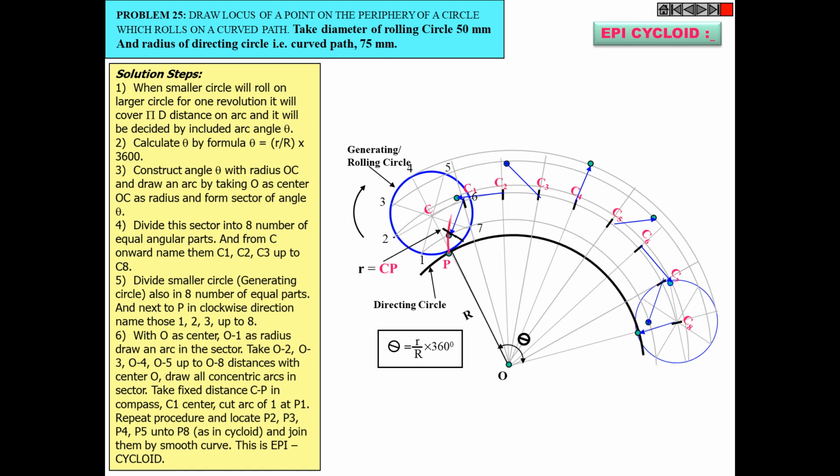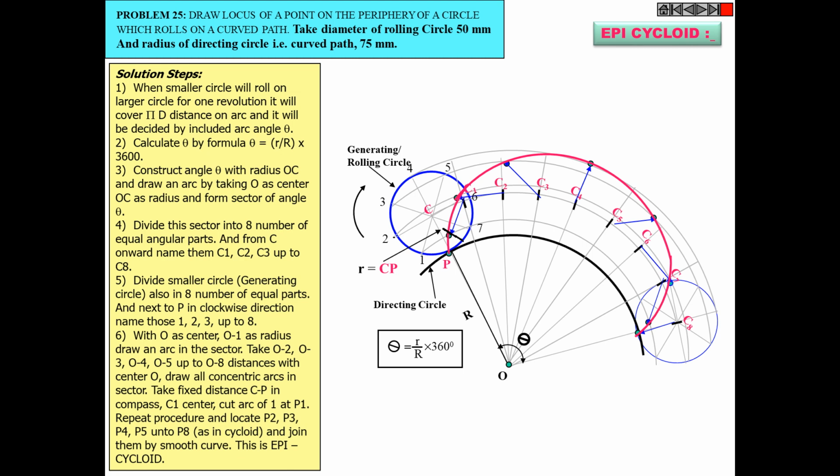Once you join these locus points, you will get a curve like this, and this curve is your epicycloid when the smaller circle, that is the rolling circle, has rotated for one complete revolution on the periphery of the bigger circle. Any doubt so far? This is the geometrical construction of epicycloid.